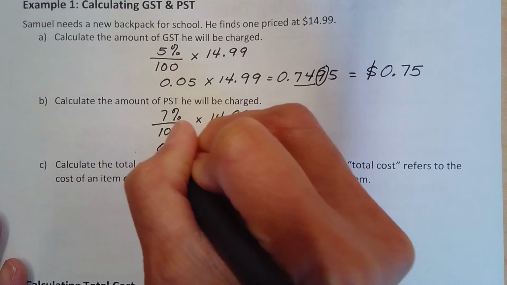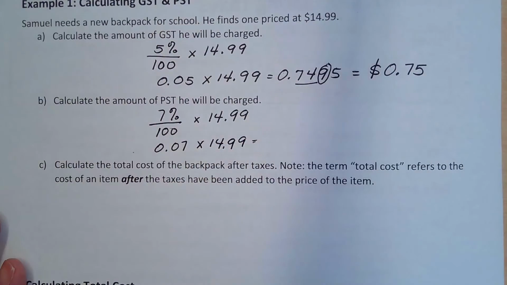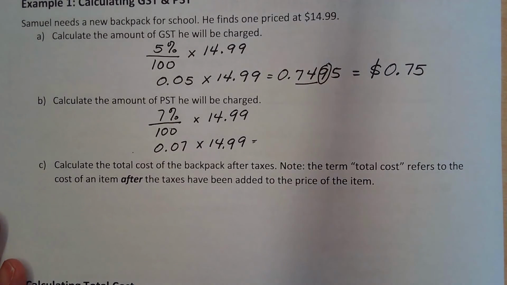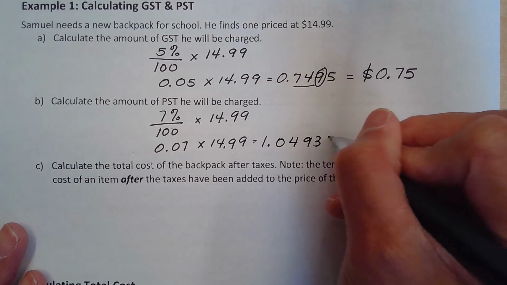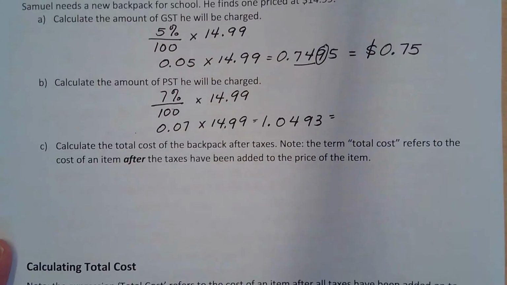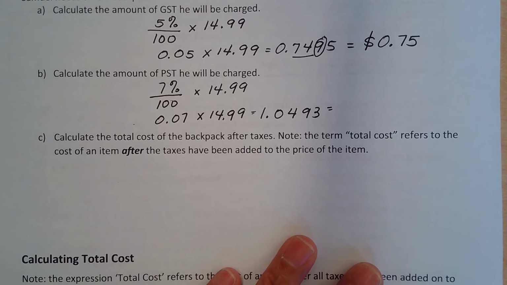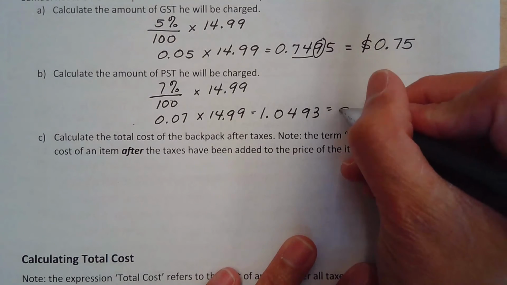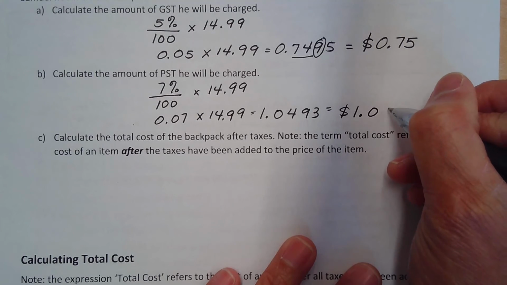Go ahead and calculate that. This is what I got on my calculator: 1.0493. I round it off to two decimal places with a dollar sign, because there's a unit to this. So $1.05. Excellent.